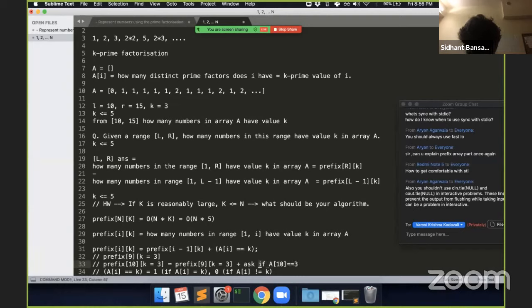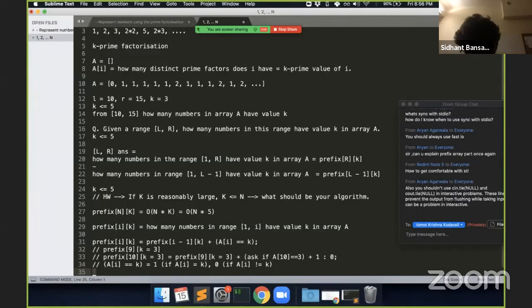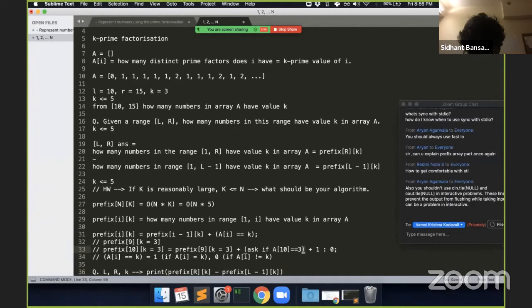If A10 is indeed 3, then you add a +1. Otherwise, you add a 0, depending on what it is. If A10 is 3, you add a +1 because you take the answer from the prefix 9 value, plus this new element we found at 10, which also hits. But if it's not a 3, then you just don't add anything. That's why we have this thing.